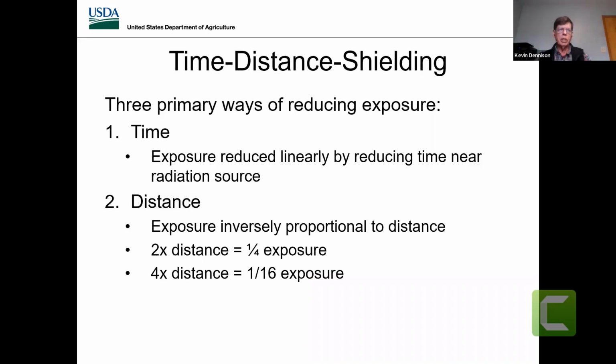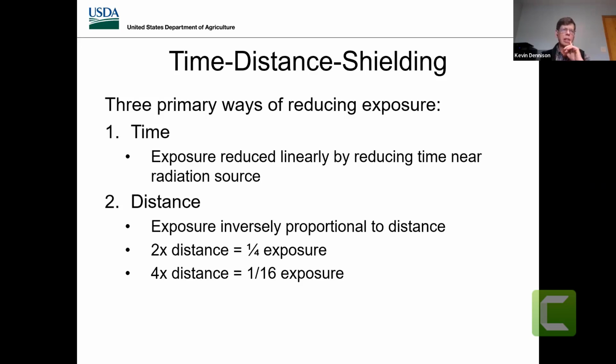Time, distance, and shielding are the three primary ways of reducing exposure. Time is pretty obvious. If you're getting 10 millirems per hour exposure, if you cut the time there in half, you'll get half the exposure. And if you get farther away, that's inversely proportional to the distance.